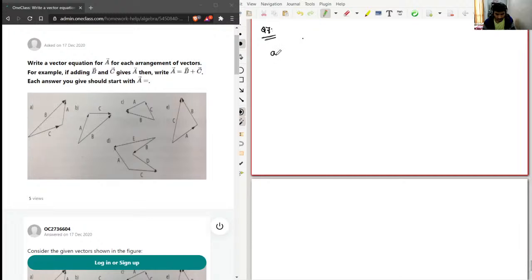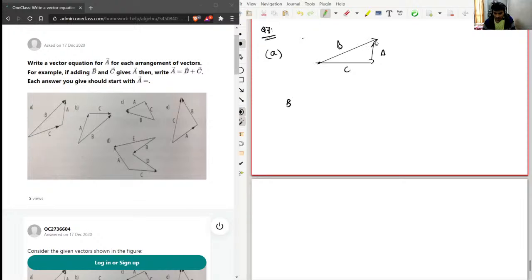So I'll just start with the first example. So we have this, then we have this vector C, and let's say this is another vector. So this was B and this is A. So we'll start from here and we'll go clockwise. So we can clearly see that B tail is coming first, so B will be positive.